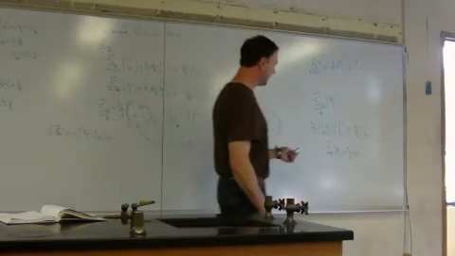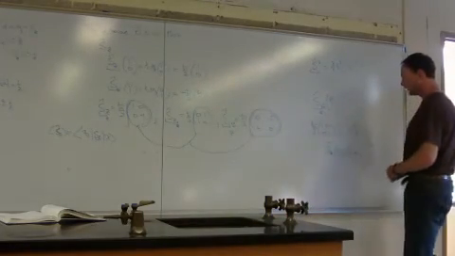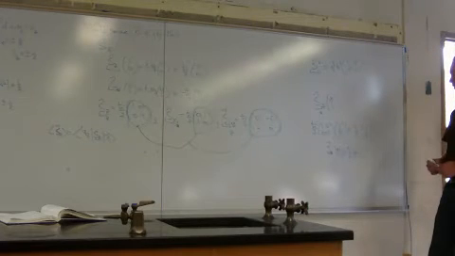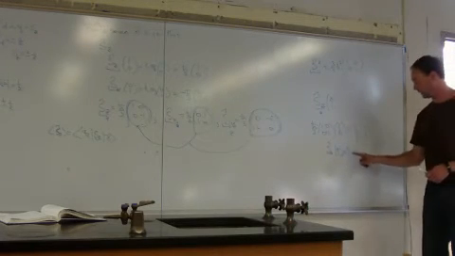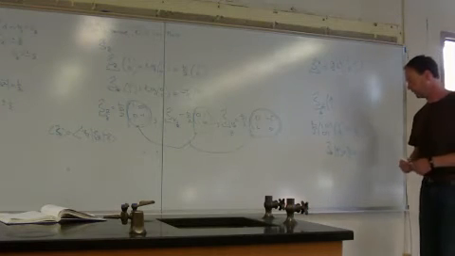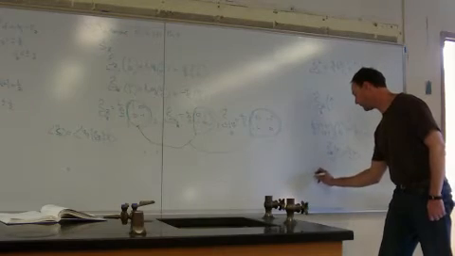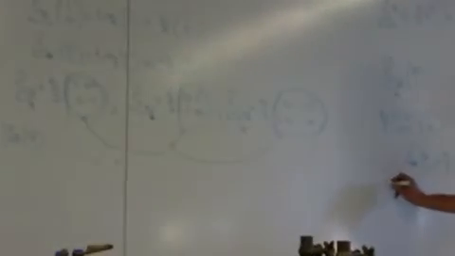So remember, what does this mean? This gives me the projection of the angular momentum in the Z direction. But what Eric is saying is, what if I calculate the expectation value of X?